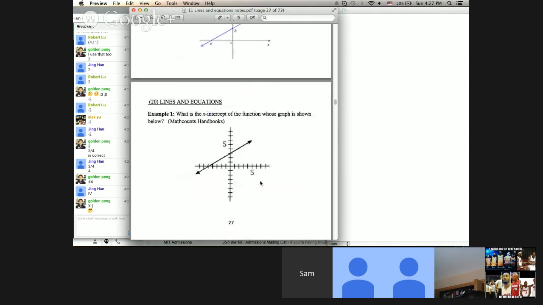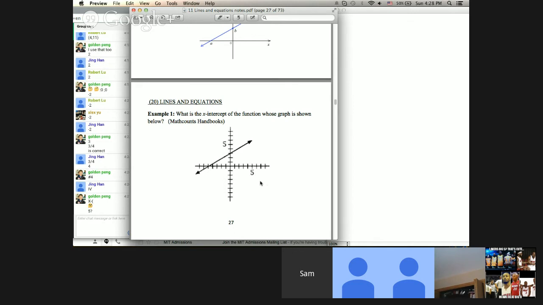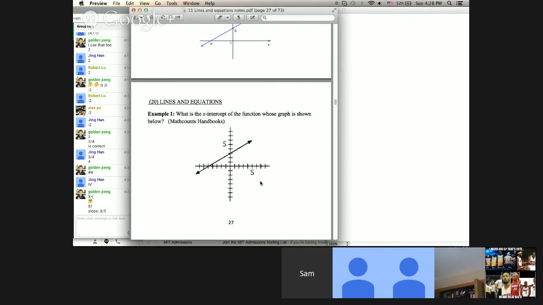Okay, so this one should be pretty easy. What is the x-intercept of the function whose graph is shown below? Well, the x-intercept is actually not 5.